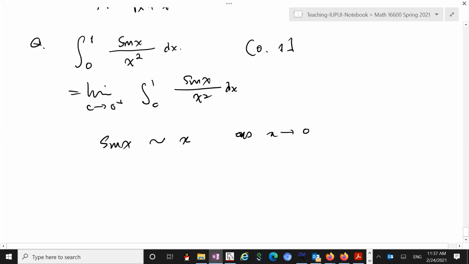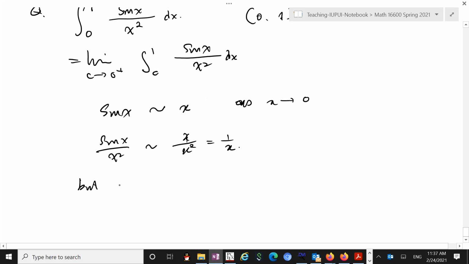Remember, right? So sine x over x squared is almost equal to 1 over x, because x over x squared. But we know that the integral from 0 to 1 of 1 over x is divergent.